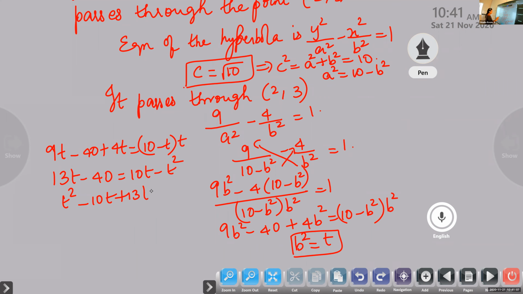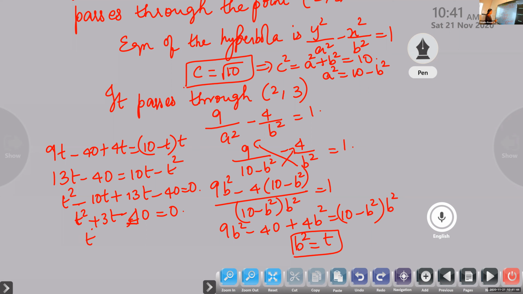So you get t square plus 3t minus 40 is 0. When you factorize this, you can find out what is t. So product is minus 80.